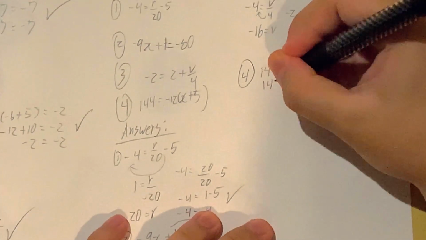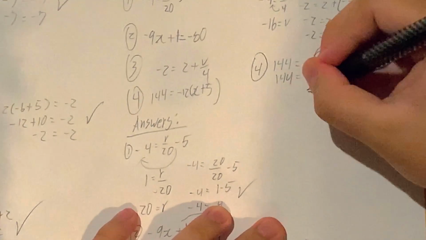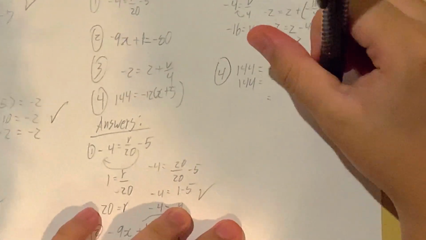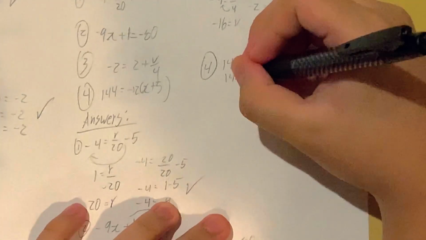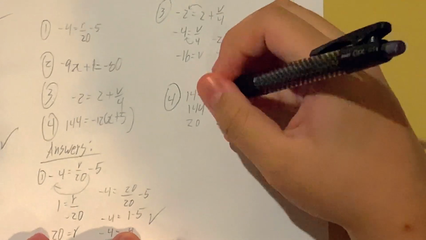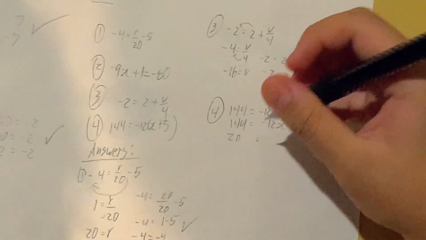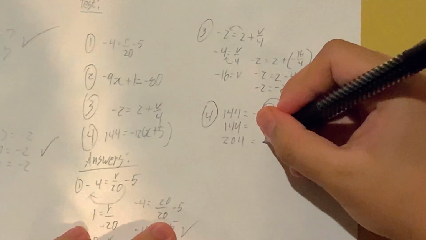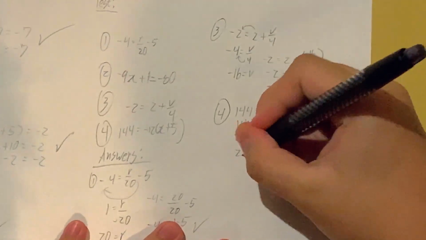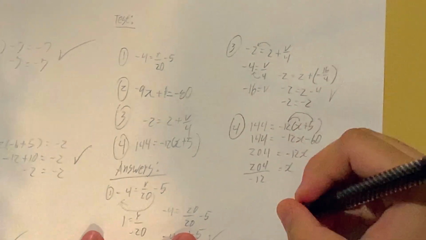So it's 144 equals -12x minus 60, and then you move negative 60 to the other side, it's plus 60, so it turns into 204. Wait, sorry, my mistake, not 200, 204 equals -12x. So in here we have to divide 204 by -12.